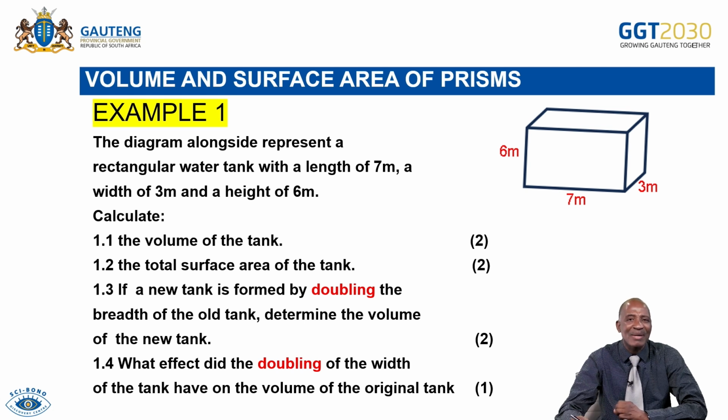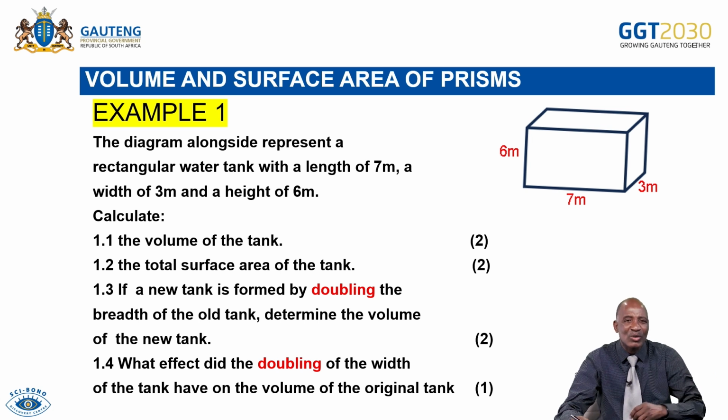What this basically means is that you are changing the dimensions by using a particular constant. That doubling effect is a 2. You are multiplying the breadth of your tank by 2. Instead of it being 3 meters, you now make it 6 meters because you are doubling only the breadth. You are focusing on only one dimension at a time. You want to see how it would affect your volume.